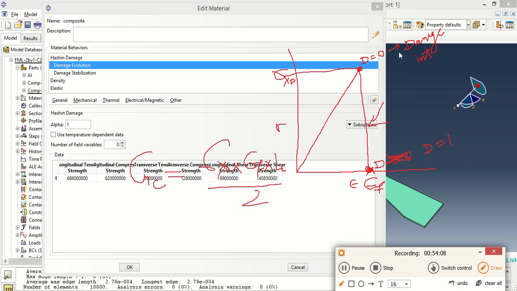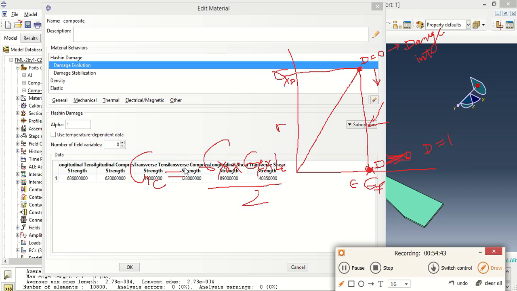So this is a degradation variable, and it is initiated when the maximum stress or the Hashin damage criterion is reached. When your longitudinal tensile strength in a tensile test is reached, your damage variable is activated at D equal to 0, and then it progressively increases, D equals 0.1, 0.2, 0.3, till D equals 1. The moment it reaches D equal to 1, it is going to fail.